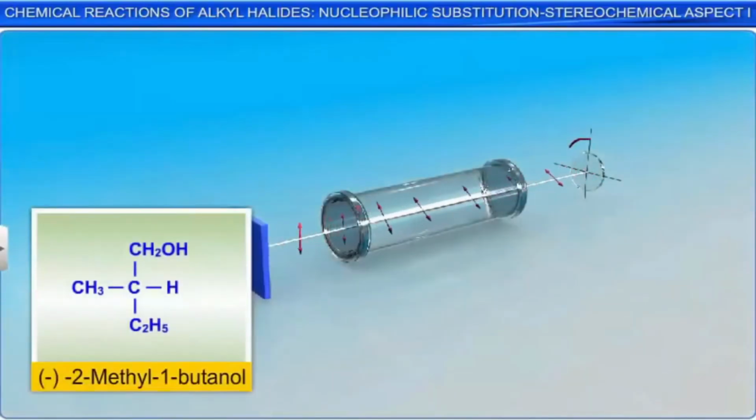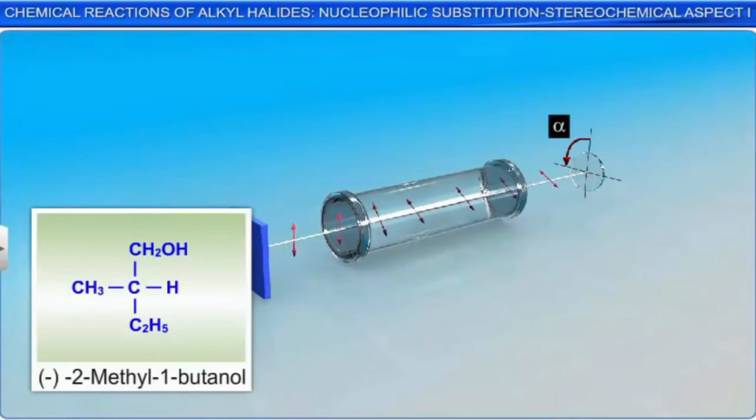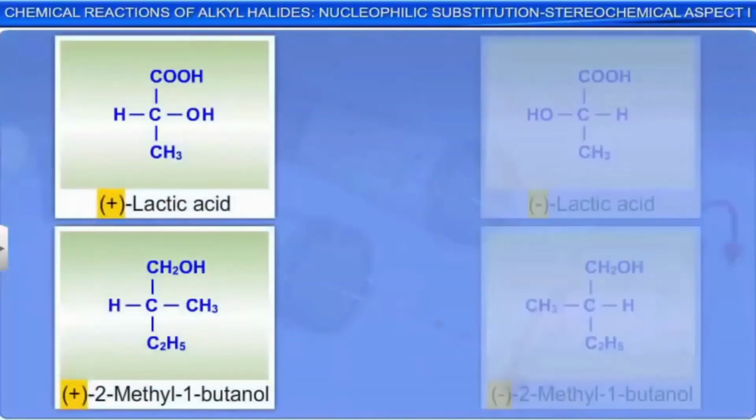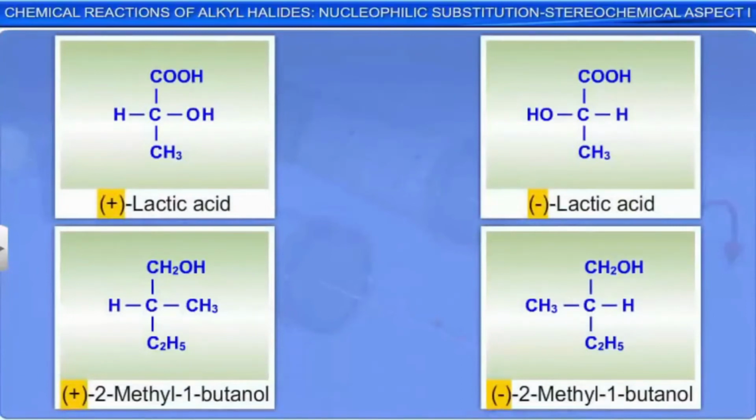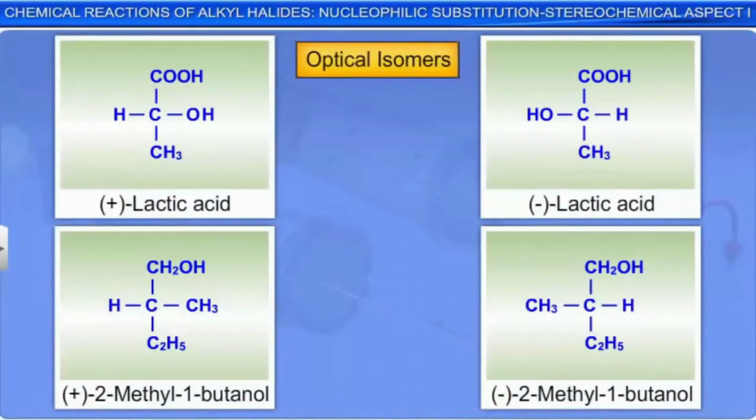Similarly, the 2-methyl-1-butanol obtained from fusel oil rotates plane polarized light to the left, and it is known as levorotatory 2-methyl-1-butanol or minus 2-methyl-1-butanol. Such plus or minus isomers of a compound are called optical isomers, and the phenomenon is known as optical isomerism.